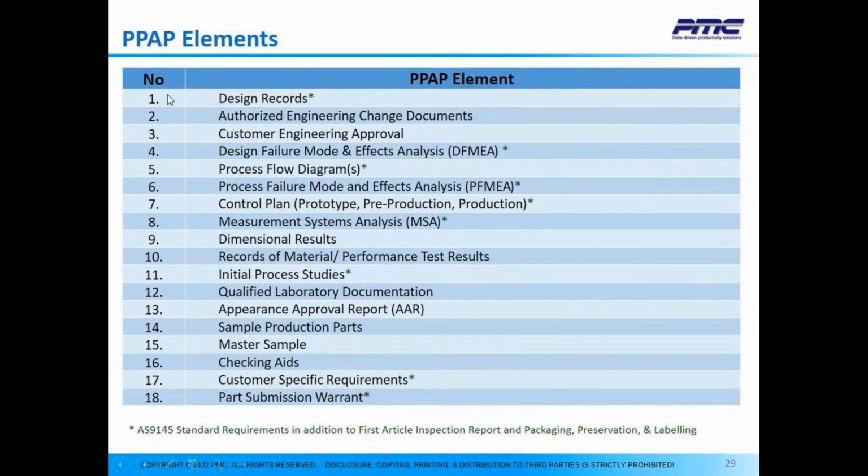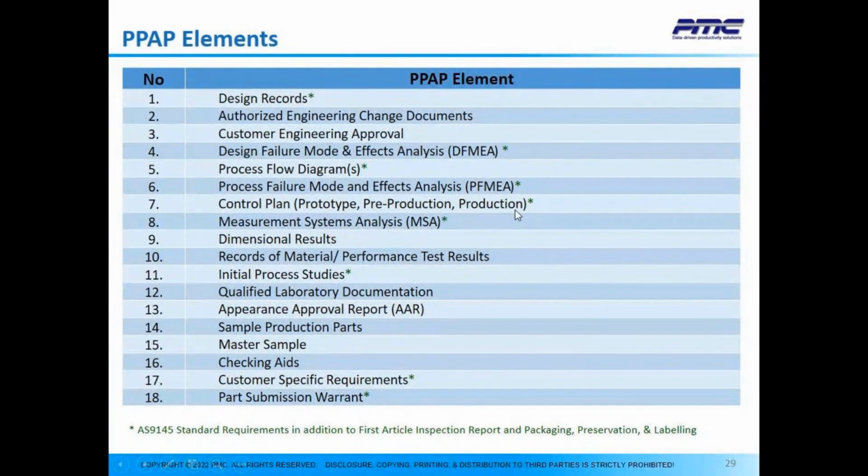It starts with design records, and these are pretty much in sequential order. So we have design records, authorized engineering change documents, if any, customer engineering approval, DFMEA, the PFDs, process flow diagrams, PFMEA, control plans. As you can see here, in automotive we have three different types of control plans: the prototype, pre-production, and production.